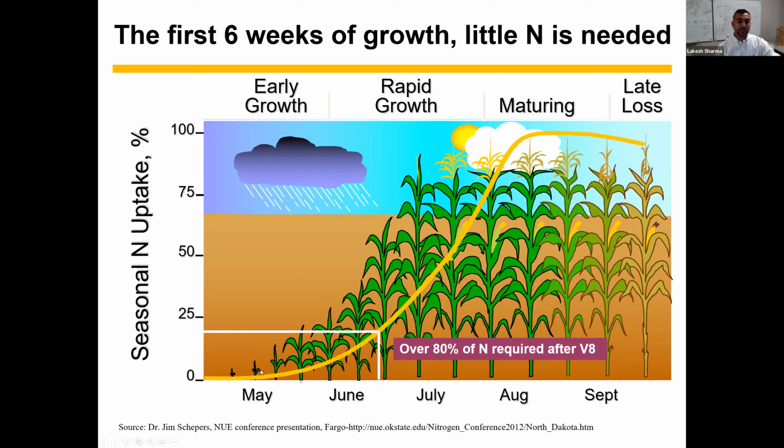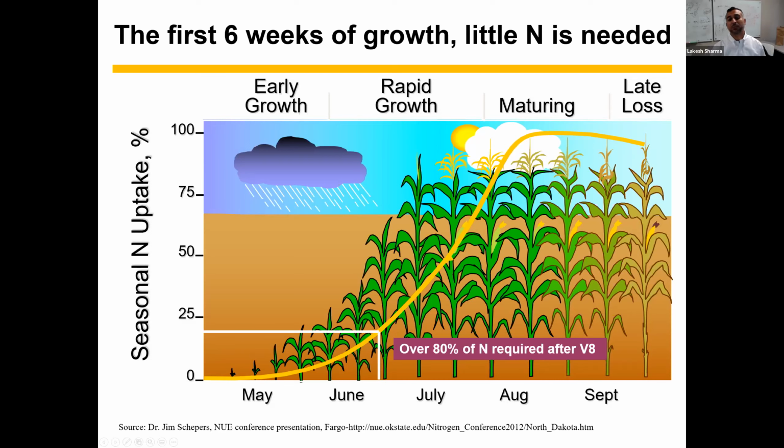If you see that typical Midwest corn planting, which happens around April, May, 80% of the nitrogen is taken up after the V8 leaf stage, and V8 is basically 8 leaves on that plant. Most of the Midwest farmers apply their nitrogen before planting or at planting, and it's never taken up for a month and a half.